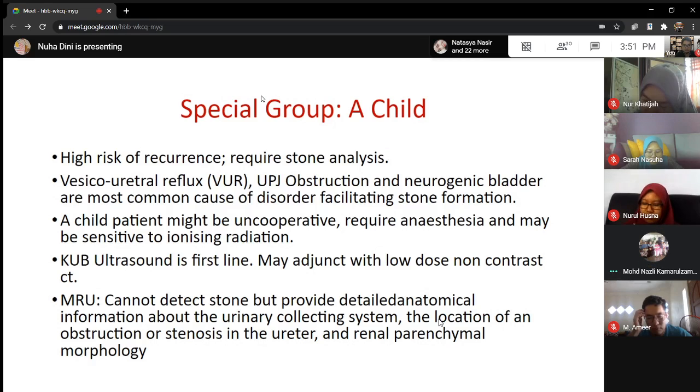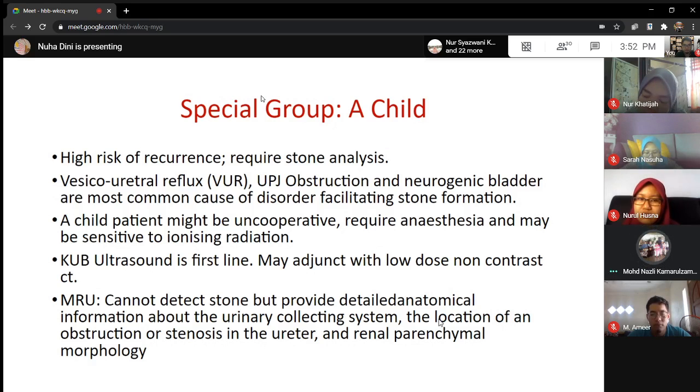That's why when you read, you must be careful, because if you read that MRI cannot see the stone, it means that on the first scan, which is plain, you're not able to see the stone. But it's the same thing as your initial presentation on IVU. In IVU, with a radiolucent stone, you're not able to see the stone because IVU is actually a normal X-ray.